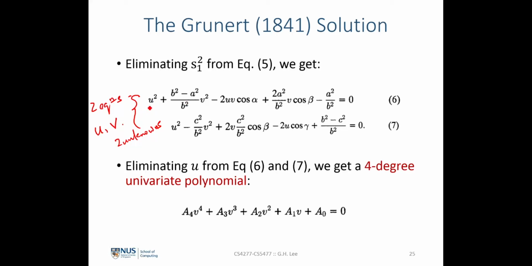We can eliminate u from these two equations by making u the subject from equation 6 and substituting it into equation 7. We'll get a 4-degree univariate polynomial that looks something like this in terms of the only unknown. So now it's down to one equation and one unknown, where the unknown is v, one of the auxiliary variables that we have introduced earlier on.